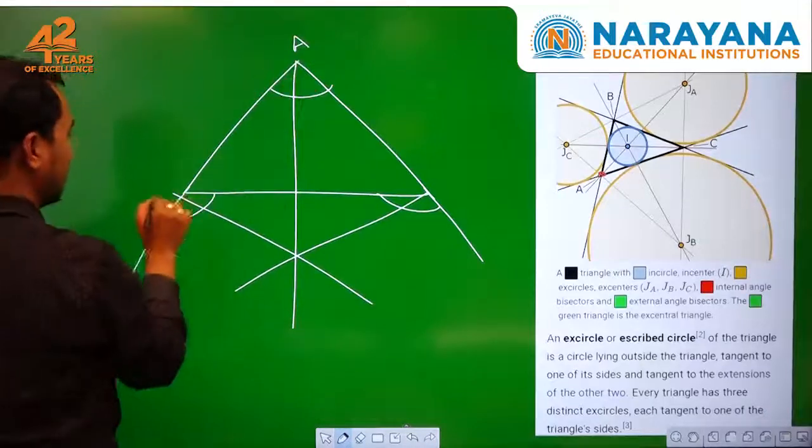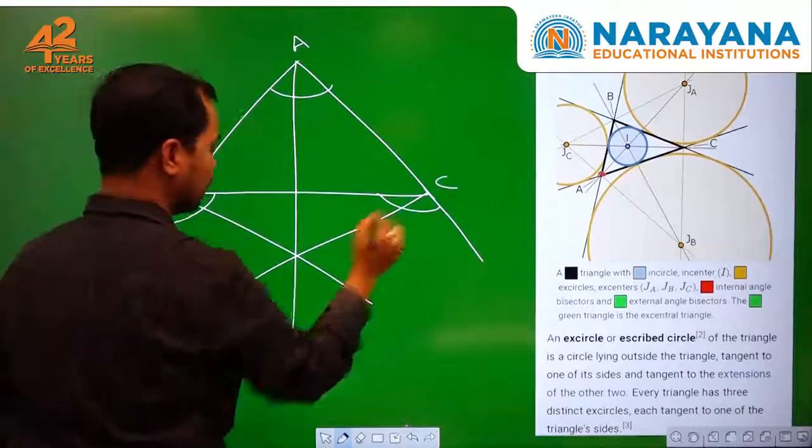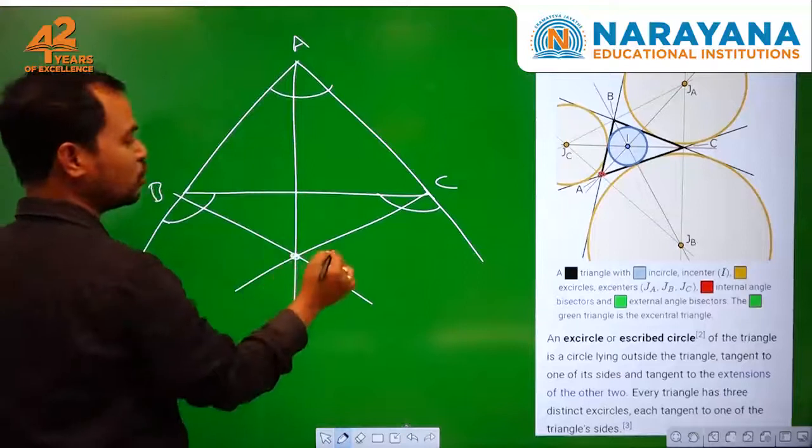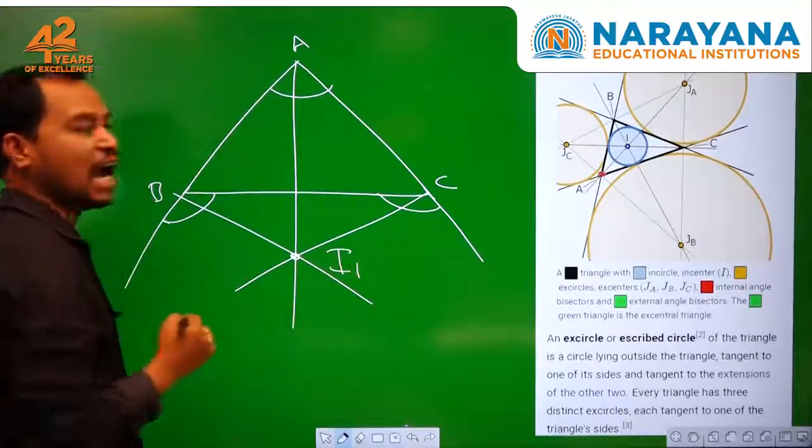This is the excenter, which is opposite to A, and is denoted in general with I1.